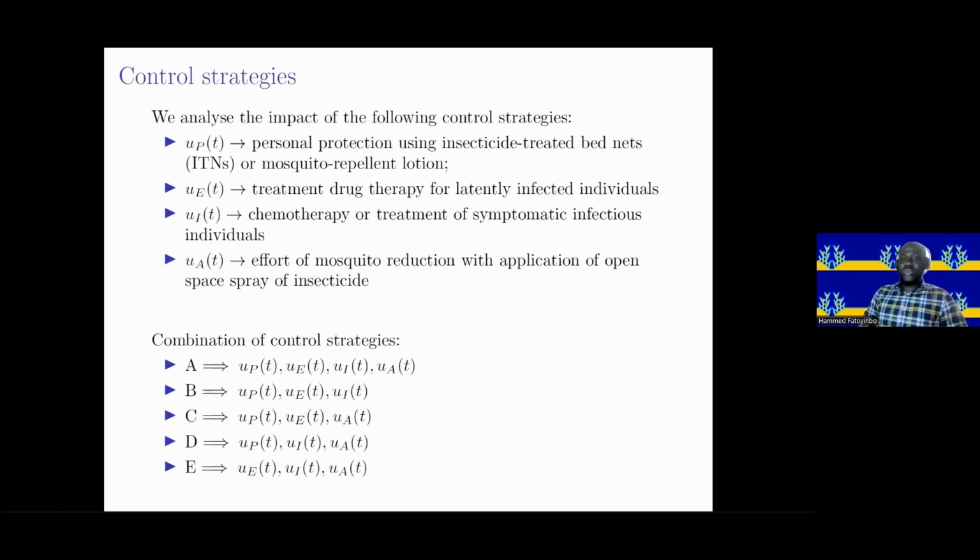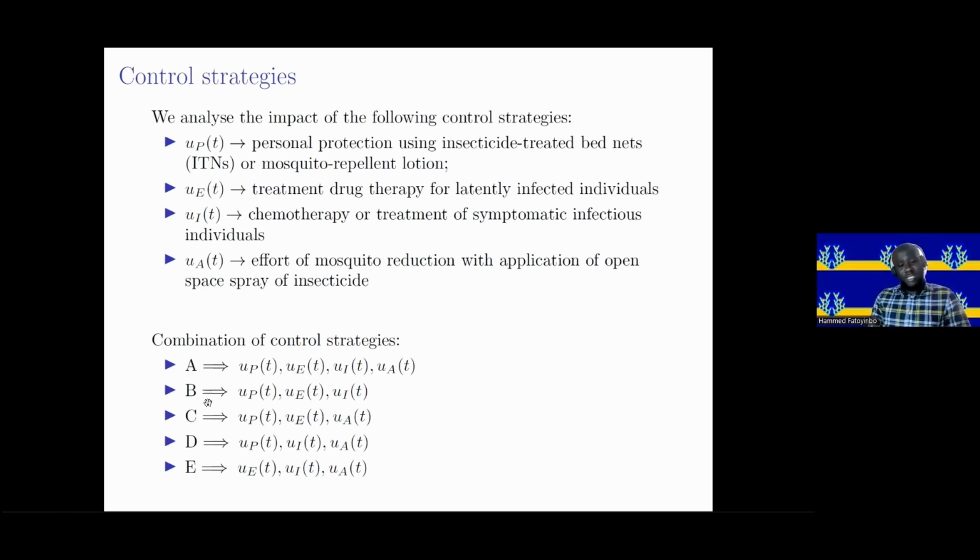And in order to check the impact of different strategies on dengue transmission, we consider combinations of different strategies, which we've called strategy A up to strategy E. For strategy A, we use all the 4 control interventions, that is UP up to UA, from the insecticide treated bed net up to the use of the adulticide.